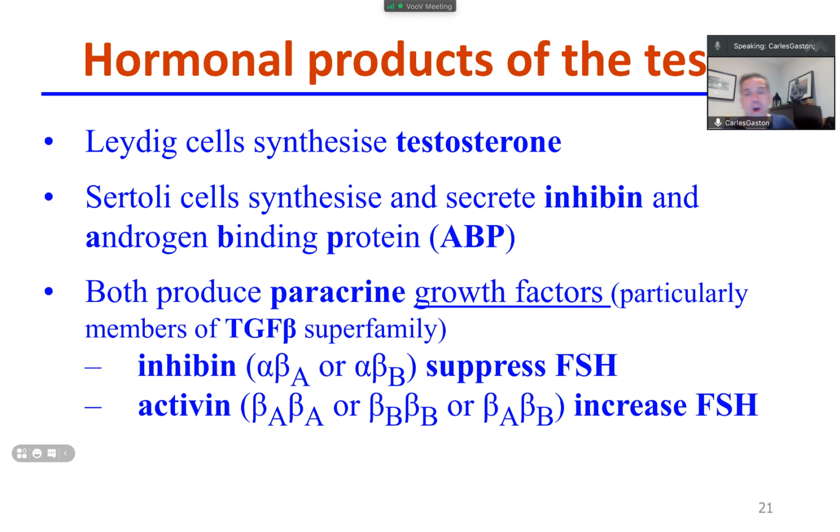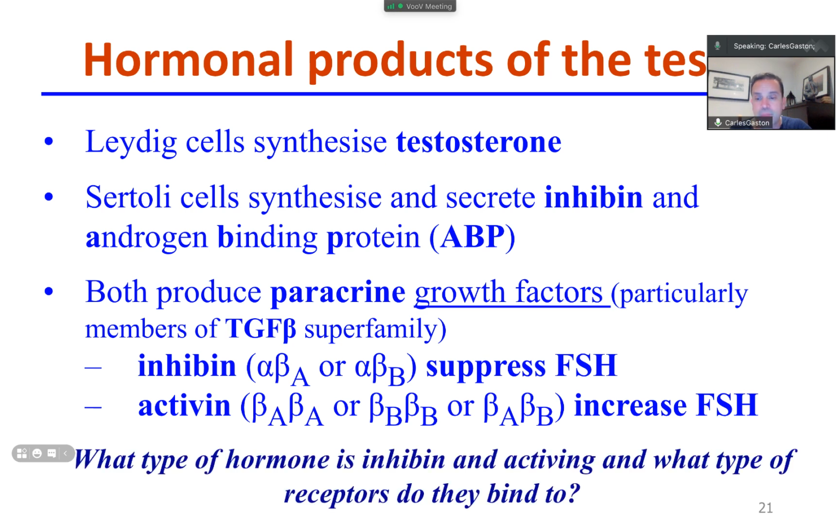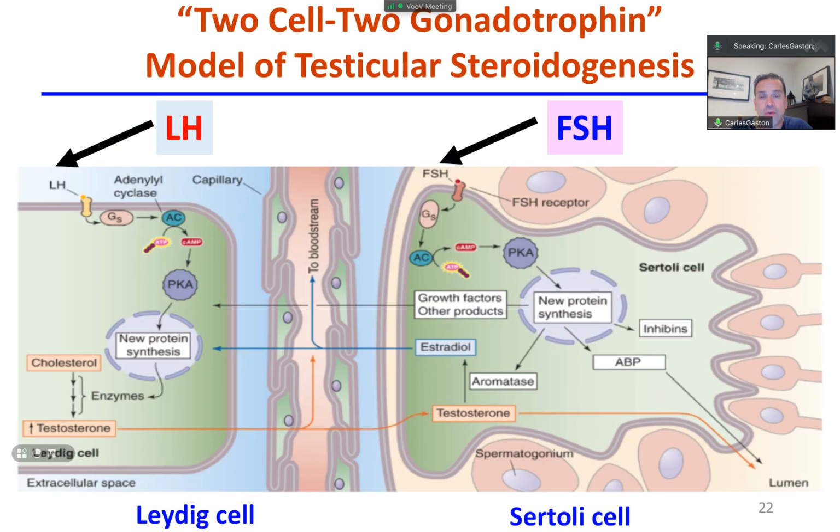So, for example, the Sertoli cells produce inhibin, which suppresses FSH, and there is a decrease in the production of sperm. So what type of hormone are inhibin and activin, and what type of receptors do they bind to?